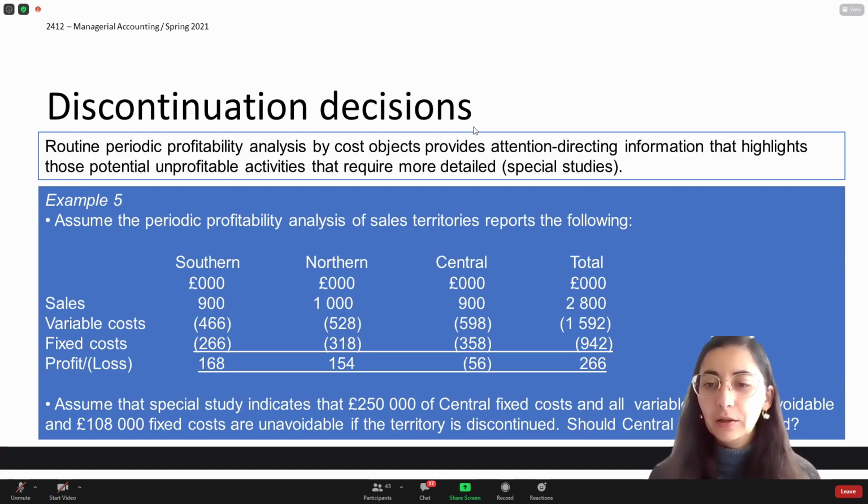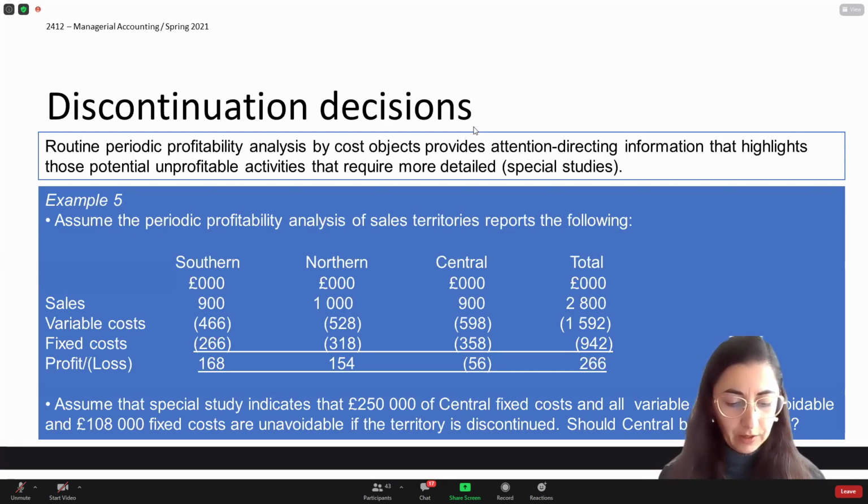So the incremental loss if we discontinue is 52 exactly. Anyone else want to comment? Anyone? Beatriz?